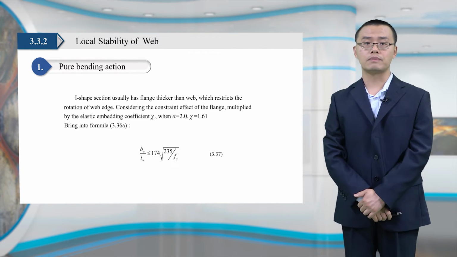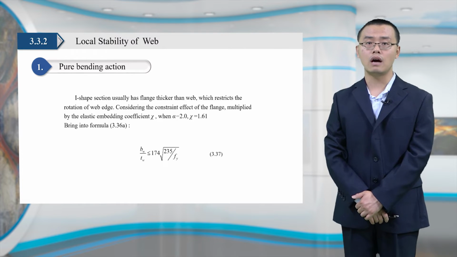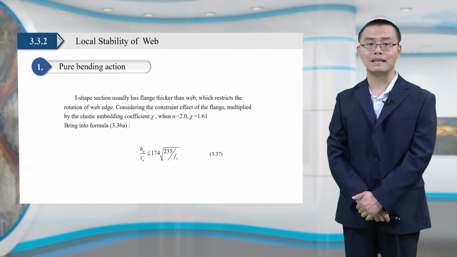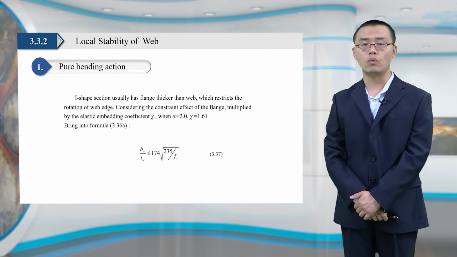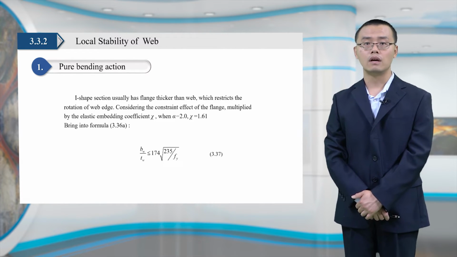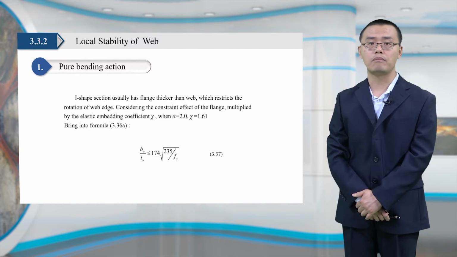Now for I-shaped section, the flange is usually thicker than the web, which restricts the rotation of the web edge. Considering this restraint effect of the flange, multiply by the elastic embedding coefficient Kc. When alpha equals 2, Kc equals 1.61. Bringing it into formula 3.36a, we can acquire formula 3.37.